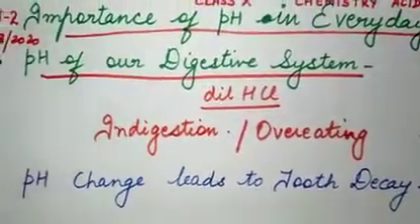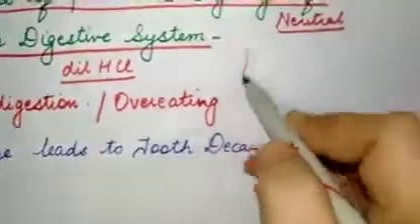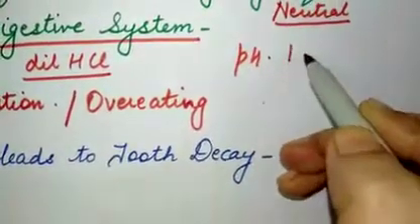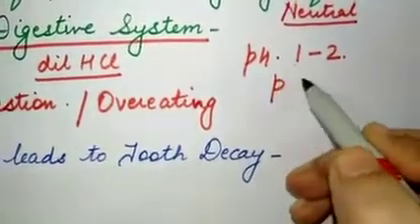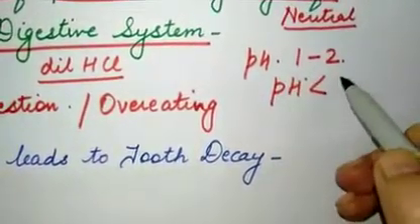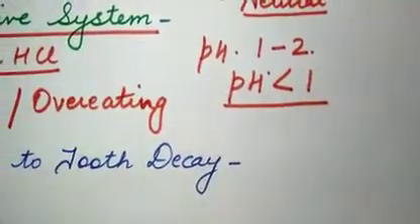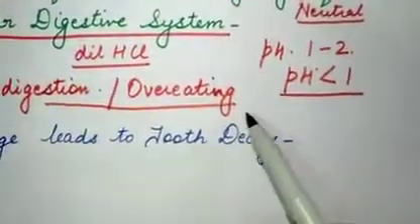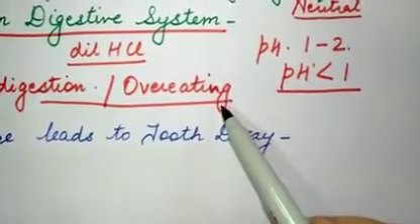The gastric juice actually has a pH ranging from 1 to 2. But this pH value decreases and becomes less than 1 due to indigestion of the food and the release of more acid in the stomach.